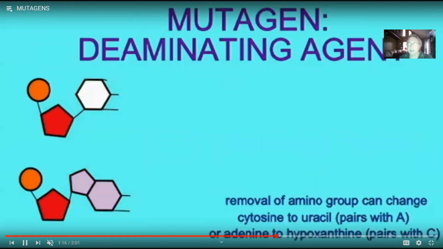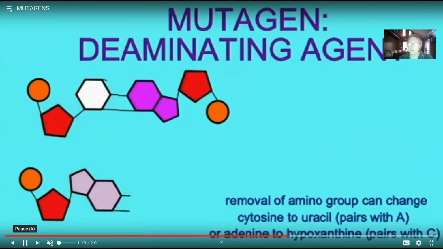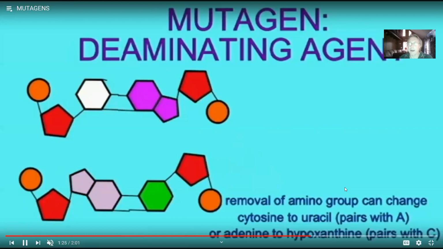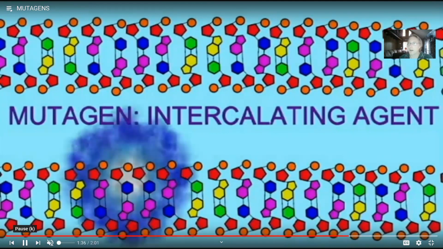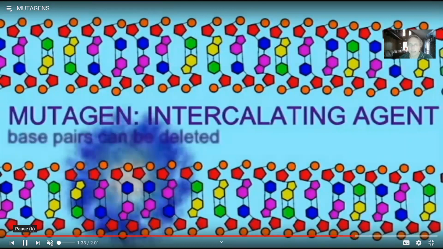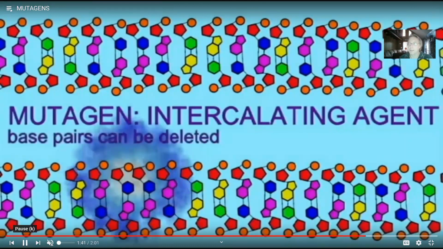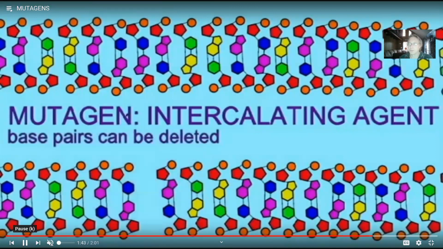Amino groups can be removed, so cytosine could bind to uracil, and adenine could bind to hypoxanthine, which will later pair with cytosine. There are mutagens in the environment which can cause bases to be added or lost. So one of the causes of mutation is things in the environment that we can be exposed to.